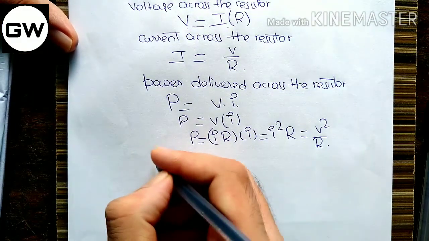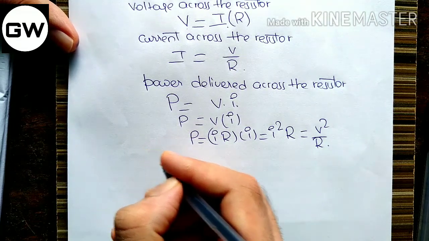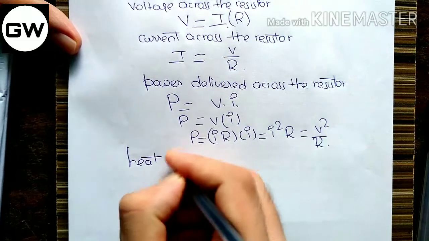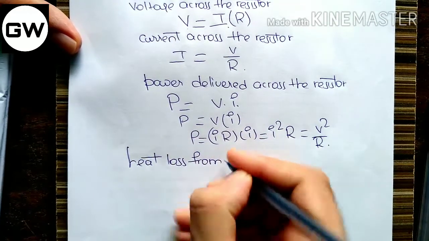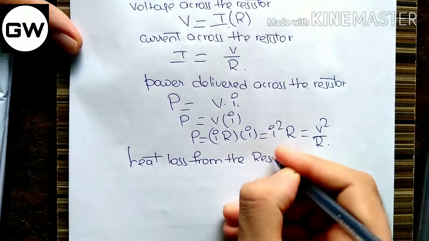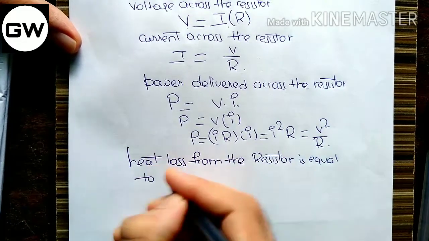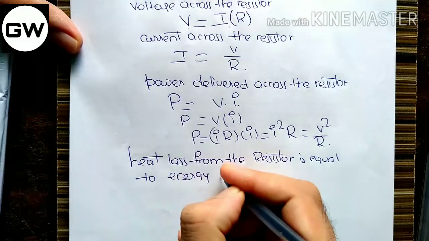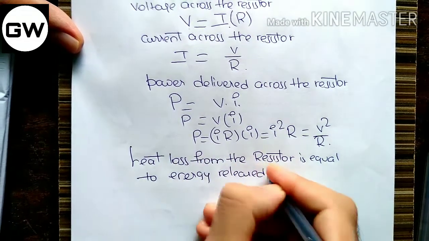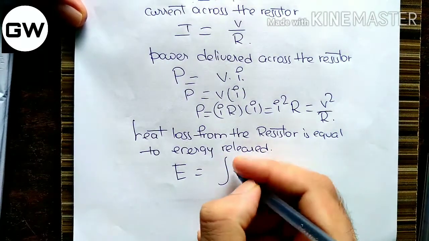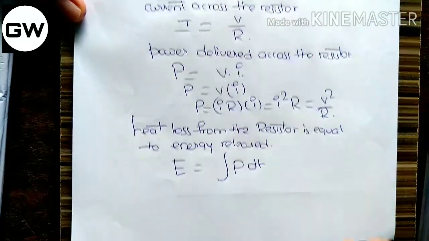Now, heat loss from the resistor is equal to the energy released. Basically, heat loss is nothing but energy. We know that energy is equal to integral of P dt.